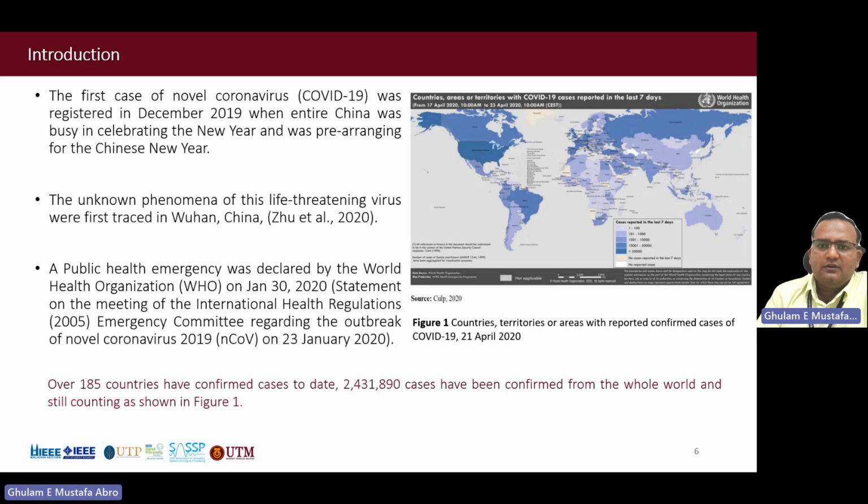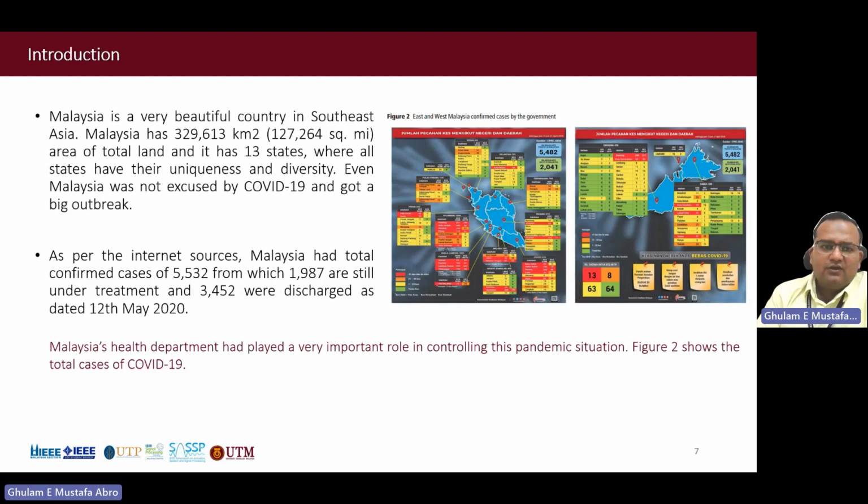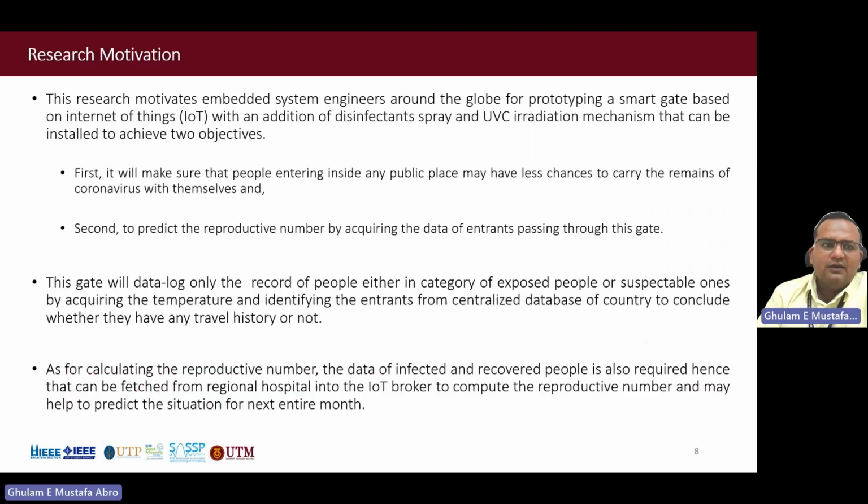Then I couldn't get a chance to go through the statistics. But everyone knows how bad it was in the era of COVID-19. And then, of course, my focus was on Malaysia. Malaysia never escaped from this curse, and they also got many cases over here as well.